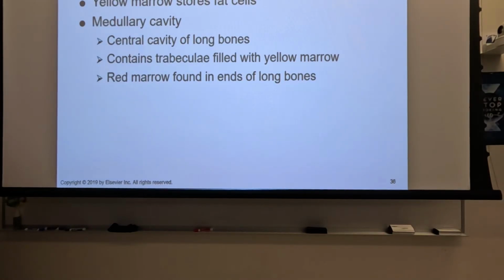We already talked about where the red and yellow marrow lives, so to speak, but the medullary cavity is the area in between the compact bones. So again, if you were to cut a bone, and everybody's seen this, if you've got a dog, you've seen this. Even if you don't have a dog, you've seen this. You go to the meat market and you buy a bone for your dog, bless you.